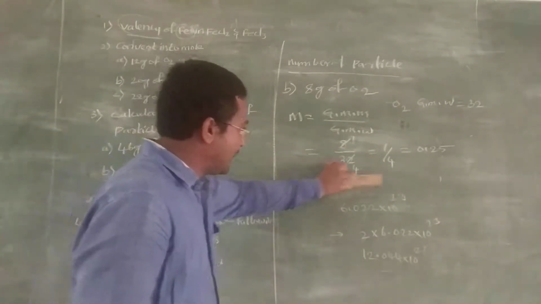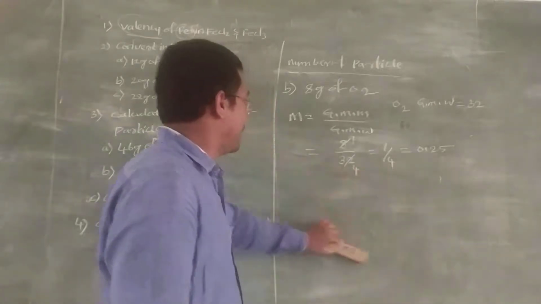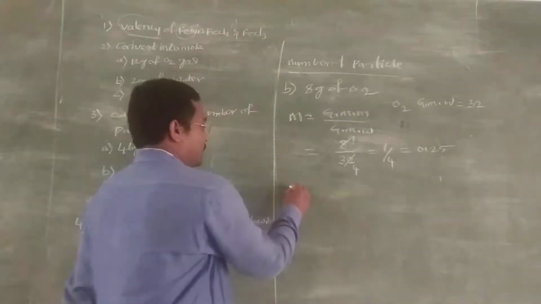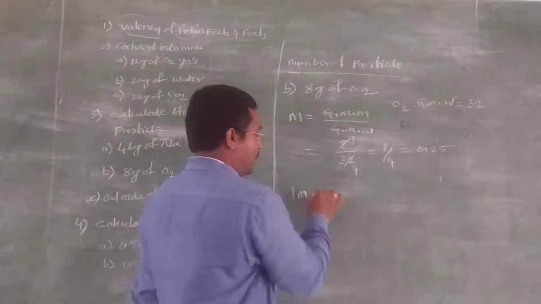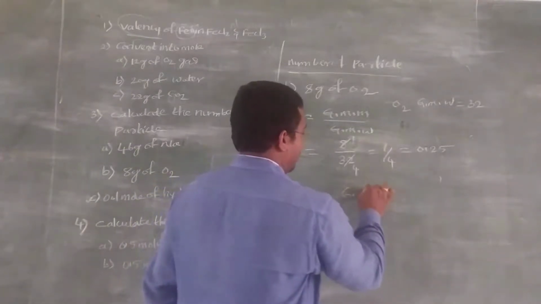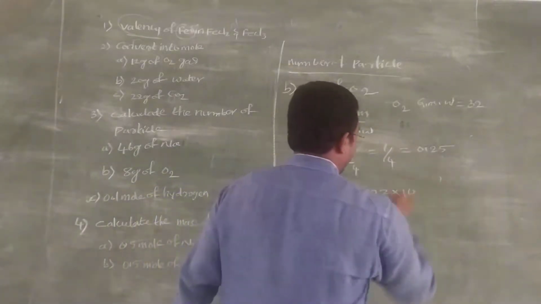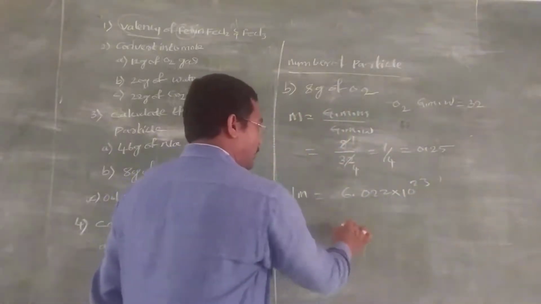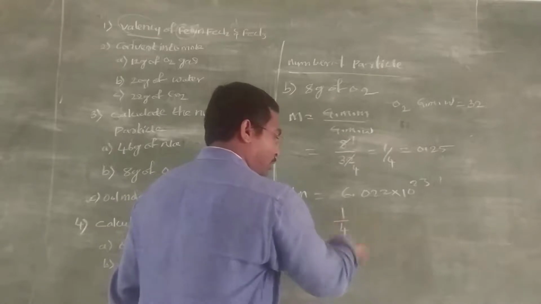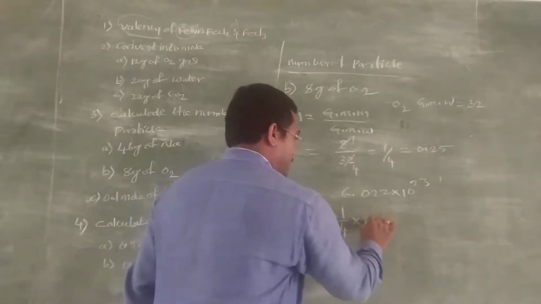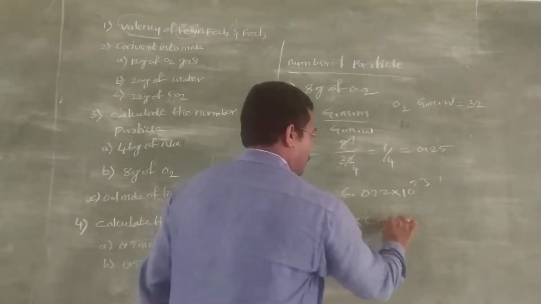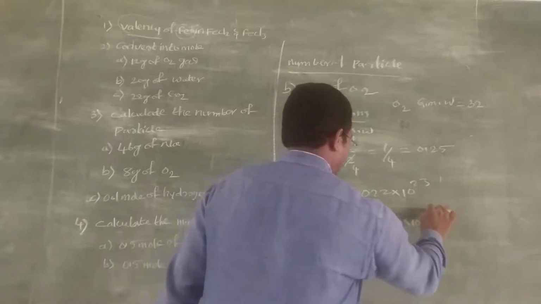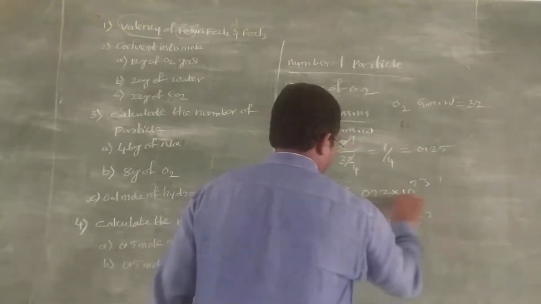Now you want to calculate the number of particles. 1 mole is equal to 6.022 into 10 power 23. So 1 by 4 into 6.022 into 10 power 23. Like this you write it down.